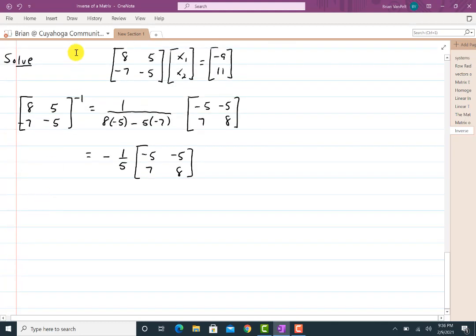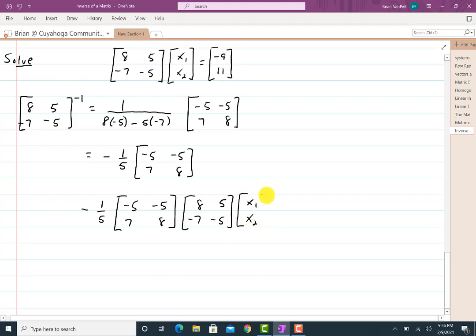Then, when I go back to my equation up here, I can take negative 1/5 times negative 5, 7, 8, and multiply on the left side, and on the other side, I'm multiplying both sides by the same thing, this inverse matrix.